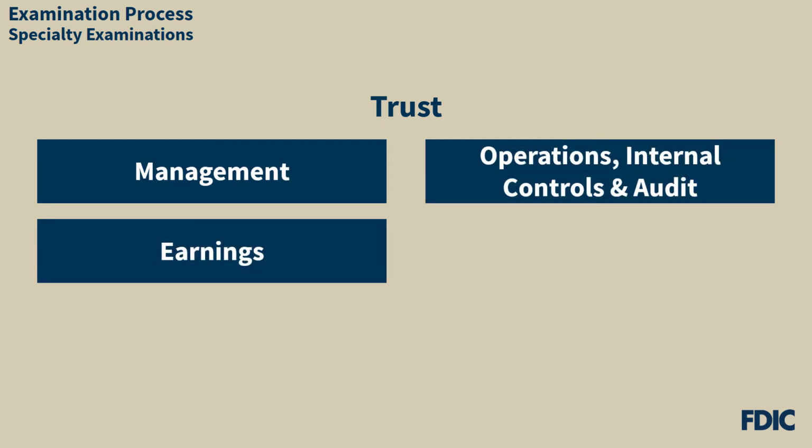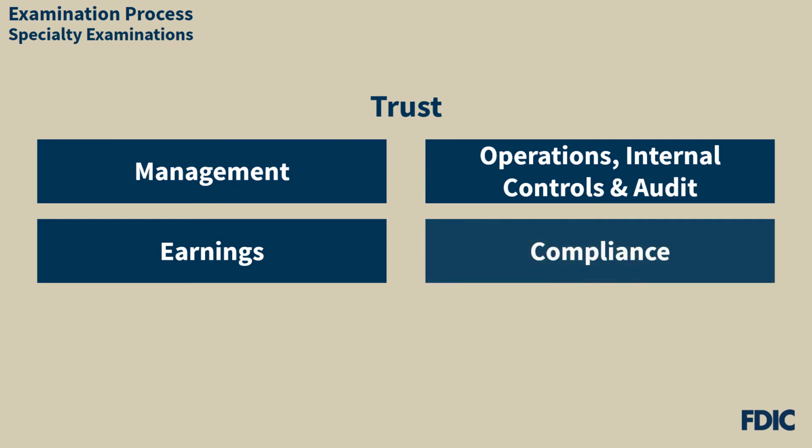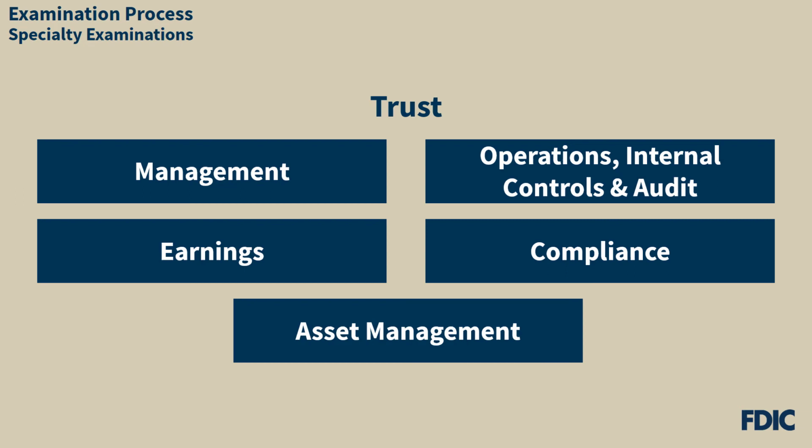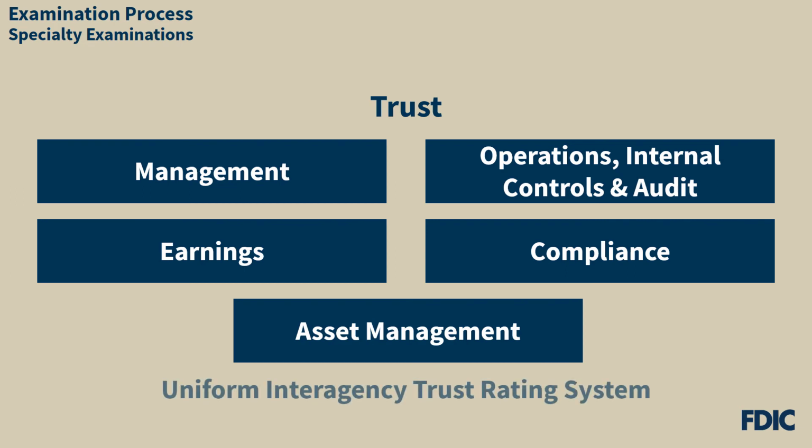Earnings performance of the trust department, compliance, which relates to compliance with laws, regulations, accepted standards of fiduciary conduct, customers' governing account instruments, account administration, and internal policies and procedures, and management of the assets handled by the department. These 5 components are rated using the Uniform Interagency Trust Rating System. A composite rating is assigned based on the reviews of the 5 components. Similar to the ratings for risk management examinations, a scale of 1 through 5 is used for trust, with 1 indicating strong performance and 5 indicating critically deficient performance.